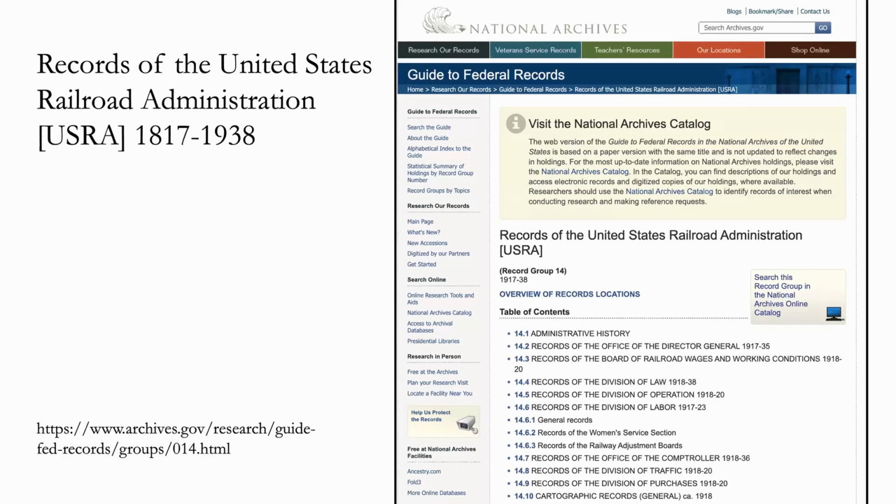Some of that information is going to be available right here on the National Archives website. Other parts might only be available by researching the United States Railroad Administration directly for information about what kinds of records were kept.